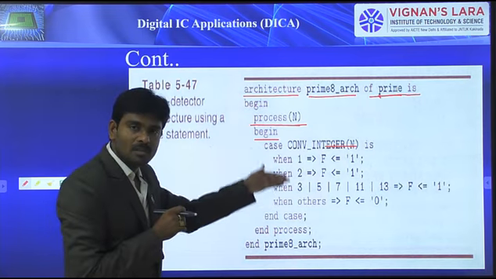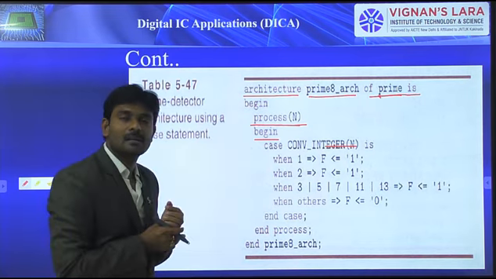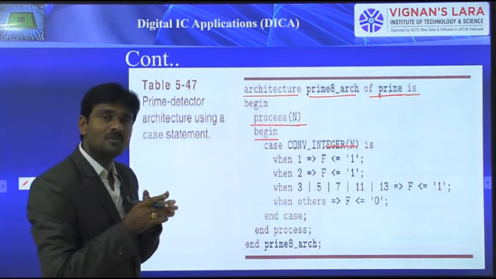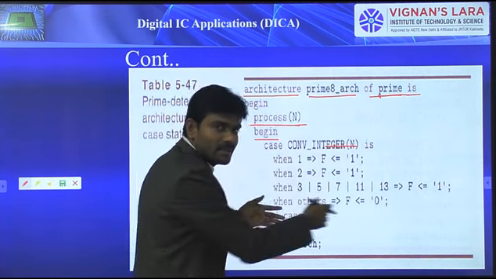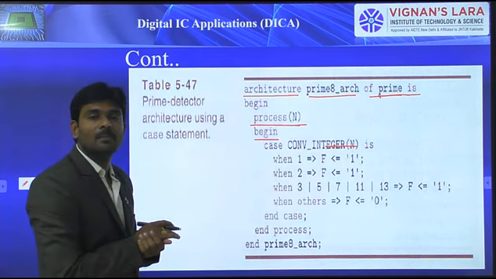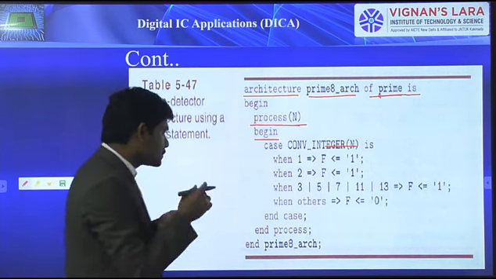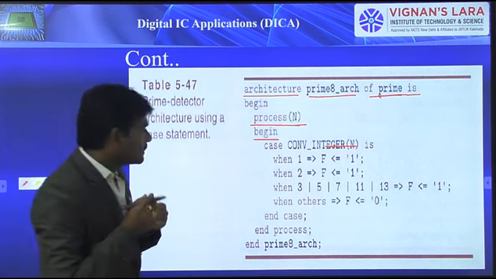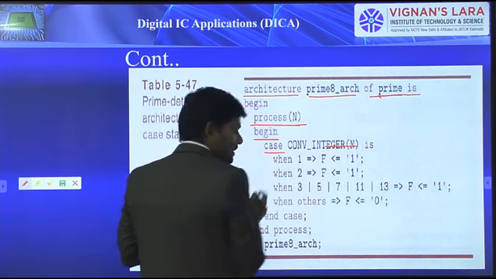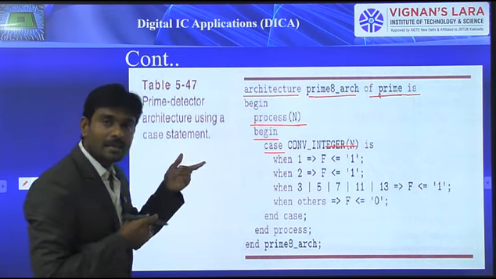After writing the process body, if necessary, we are supposed to declare the variables. It seems to be easy. So first I started the process body with begin. Then, as I mentioned in the syntax for the case statement, it starts with the keyword case.